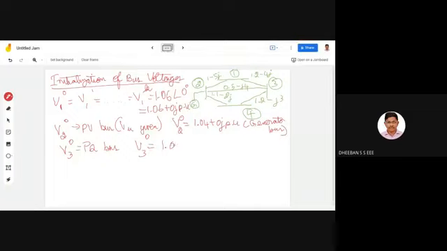It will be 1.00 + 0j per unit, and for the fourth PQ bus, V4 not will be equal to 1.0 + 0j per unit. So we have initialized the initial value of all the 4 buses.